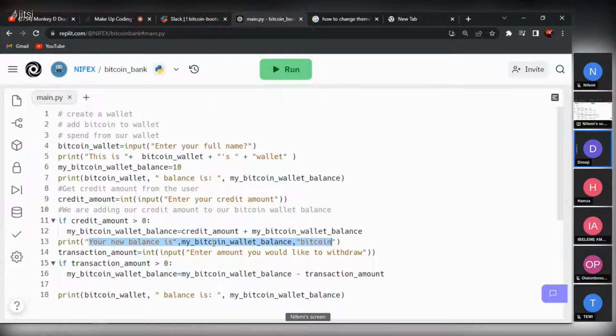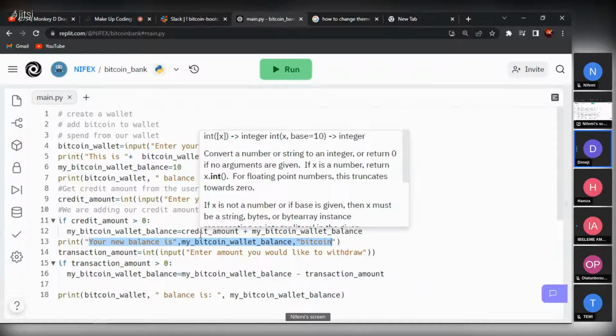Exactly. Remember, that's my Bitcoin wallet balance, which is a variable, right? Which means it has a value. What's the value of it? We said you add the credit amount.